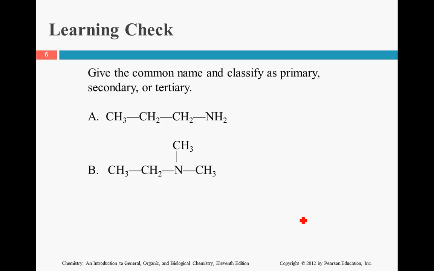So let's try naming a couple and determining whether it's primary, secondary, or tertiary. First of all, we have 2 hydrogens. Those aren't counted, but we do want to include the rest of the carbons. Because there's 3 carbons here, this is a propyl group. So propylamine. Now, if you look at how many carbons are bonded to this nitrogen, there's only 1, so that means it's primary.